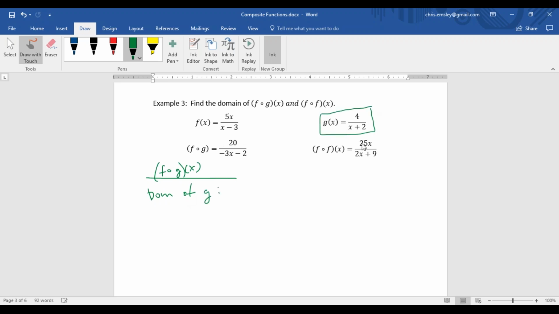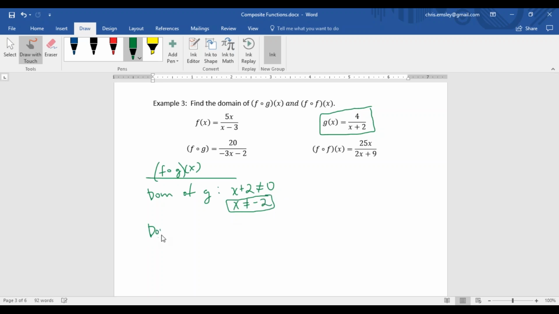It was 4 over x plus 2. We do have a fraction here with a variable in the denominator. We know that the denominator can never be equal to 0. We can't divide by 0. So that means that the denominator cannot be equal to 0. Move that 2 over to the other side, and that tells us one restriction on our domain is that x cannot be equal to negative 2.